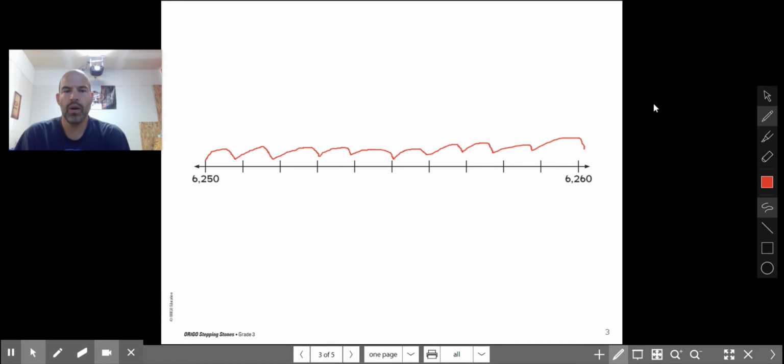Okay, so those jumps again are jumps of 10, right? We're jumping by 10. No, we're not jumping by 10 on this one. My mistake. Those are jumping by 1, okay? By ones. So we can see that if we look here at the tens place value and we look here at the tens place value, there's 10 greater in between. So those are jumps of 1.